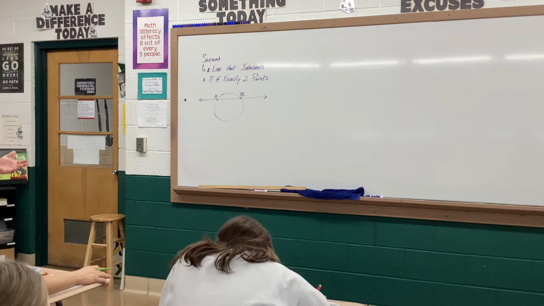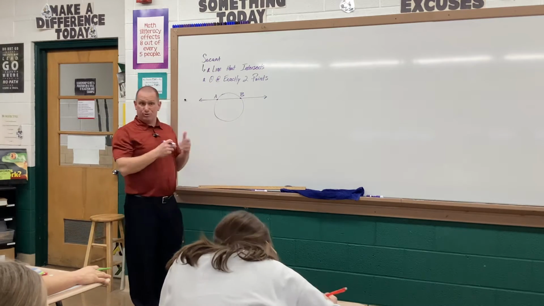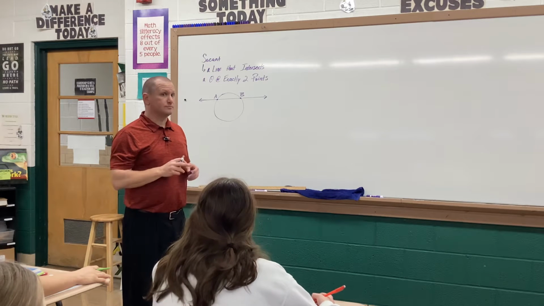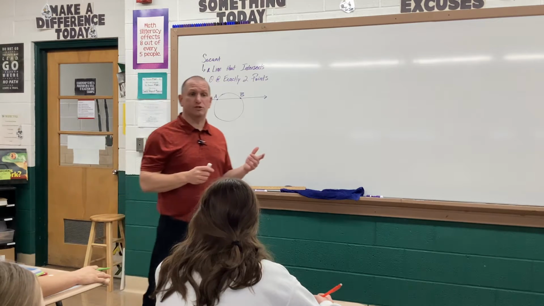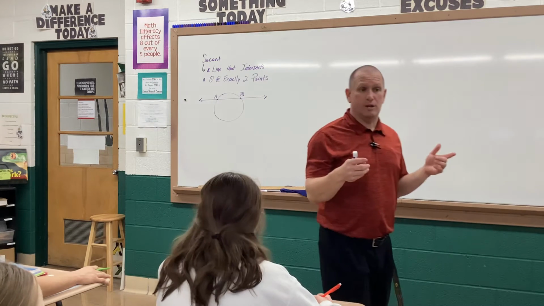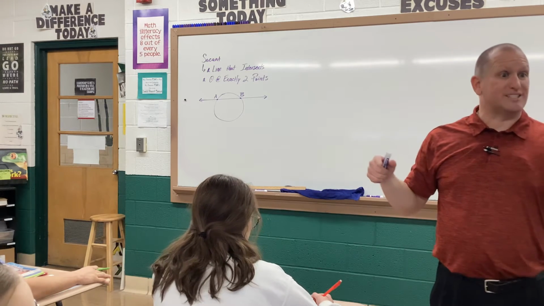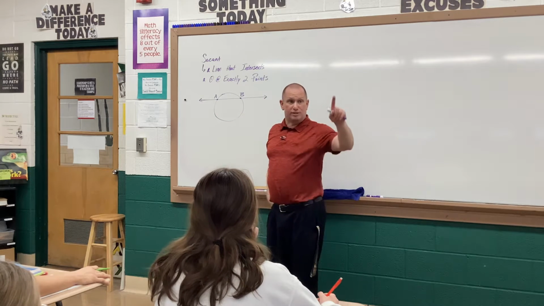Remember what a chord was? A chord was simply that the endpoints were on the outside of my circle. But how come, if it's only on 2, you said yesterday you can't go through the middle? That's because yesterday was a tangent. If it's a tangent line, there's no way I could go through the middle and have it only touch one time.